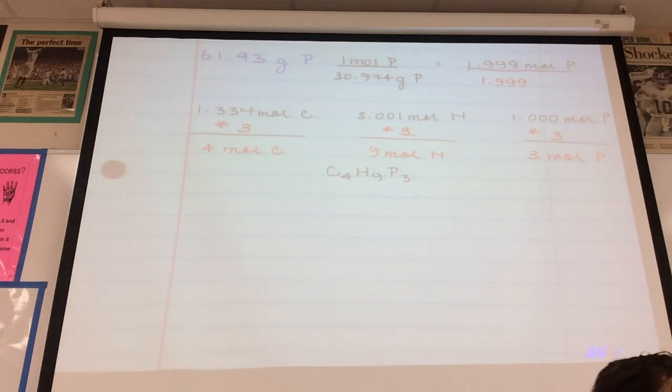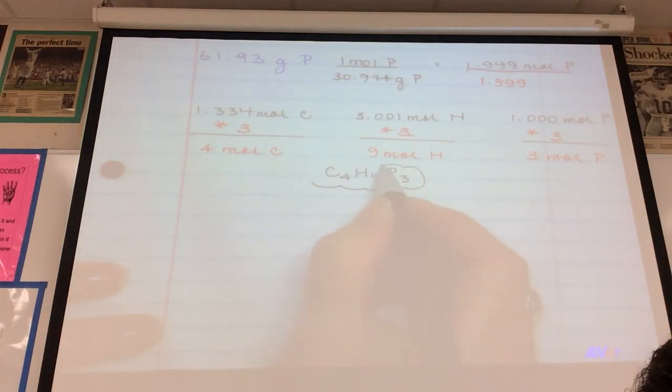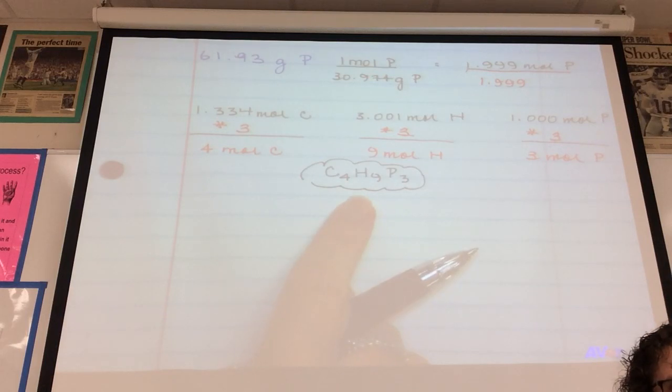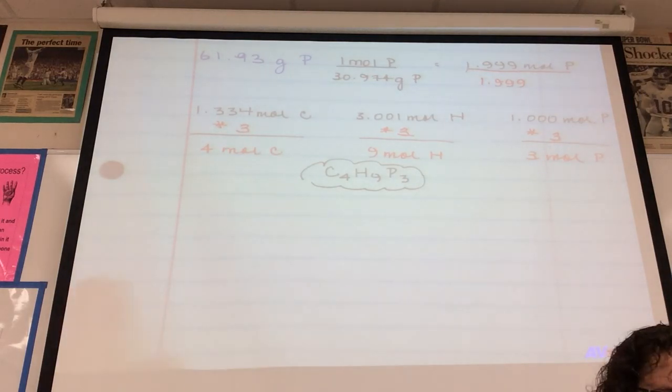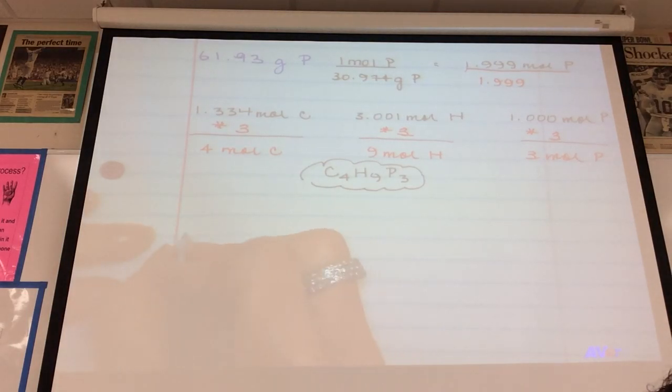Now, a question came up in 5th hour, and it may be in the next problem too. So let's take a look at just a simple scenario. You're good on this one? Let's say if after we divided, we came out with this.